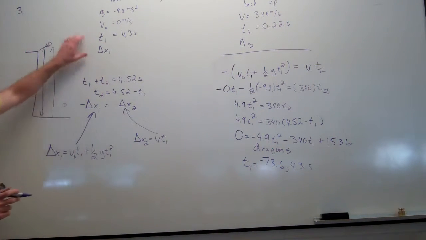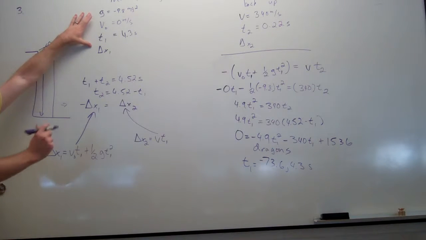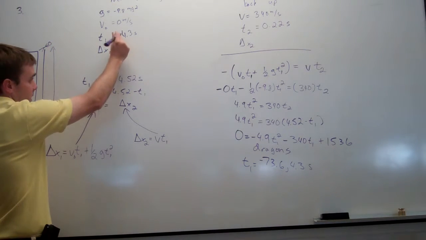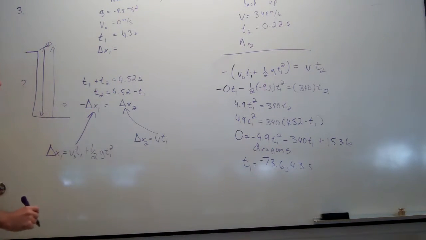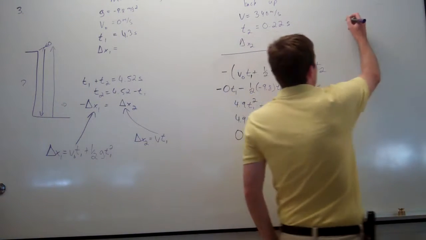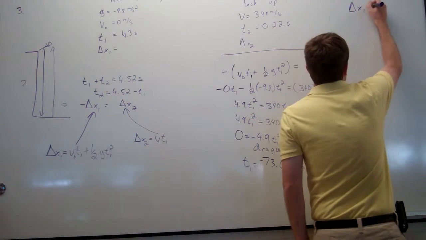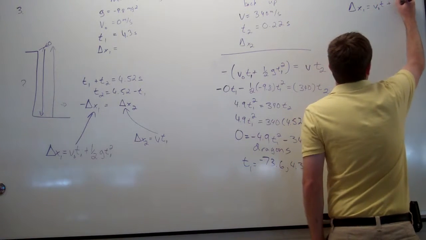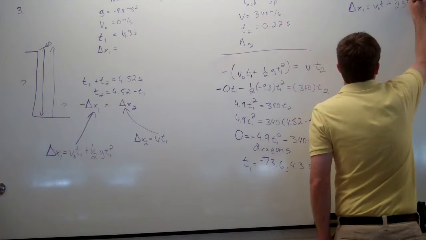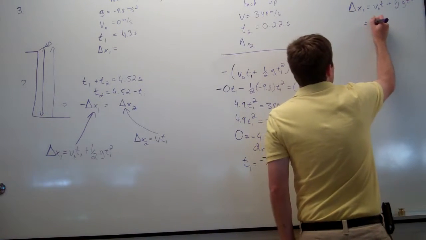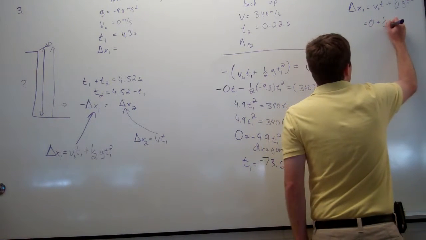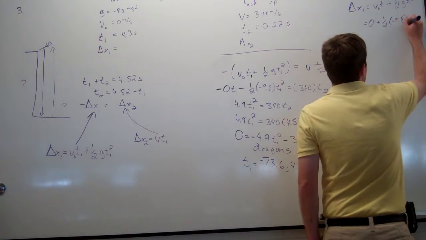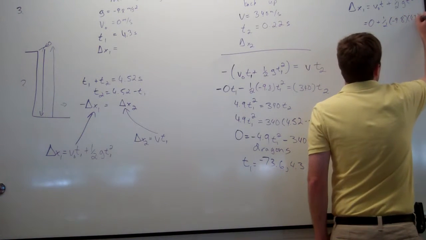Okay, so now we're going to use that time to find delta x1 here. So we're going to say delta x1 equals V0T plus 1/2 GT squared. We get 0 plus 1/2 times 9.8 times 4.3 quantity squared.